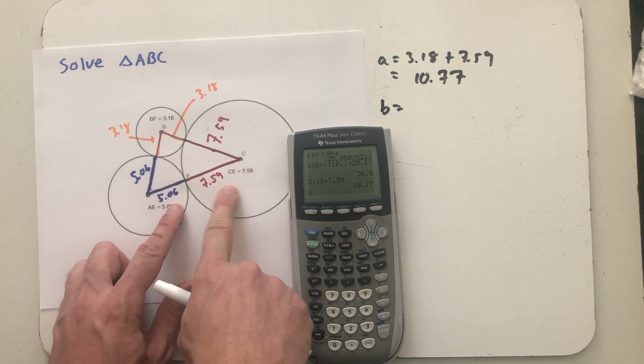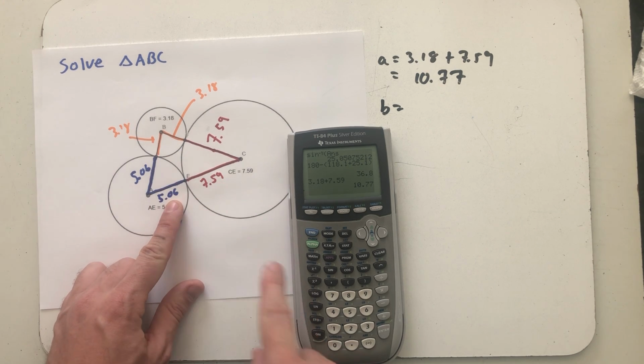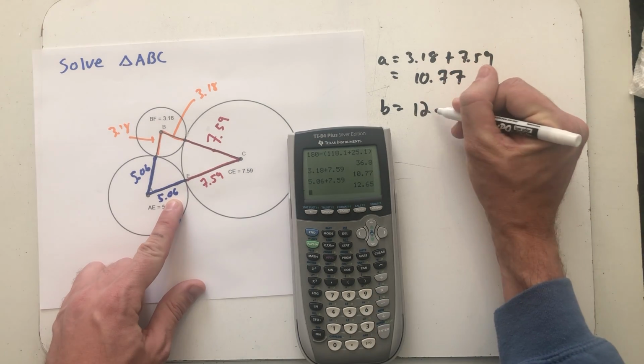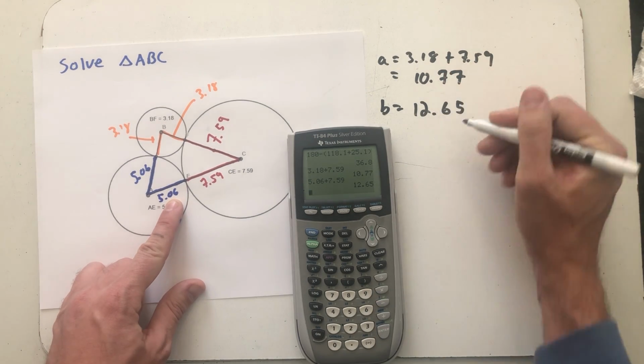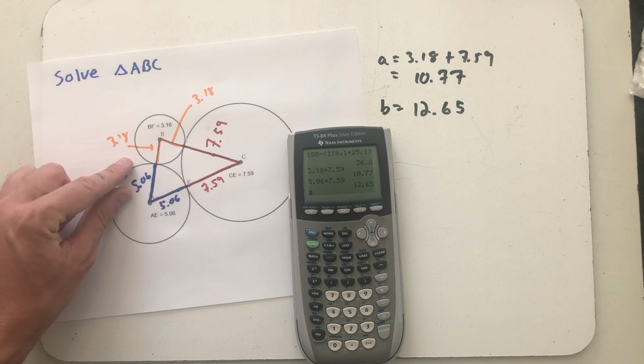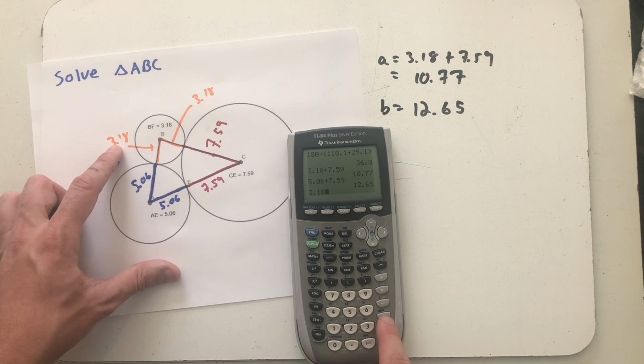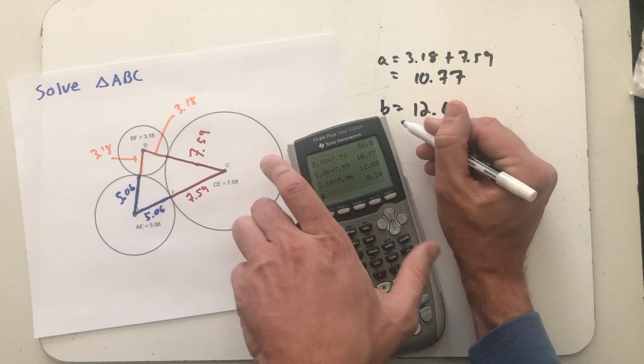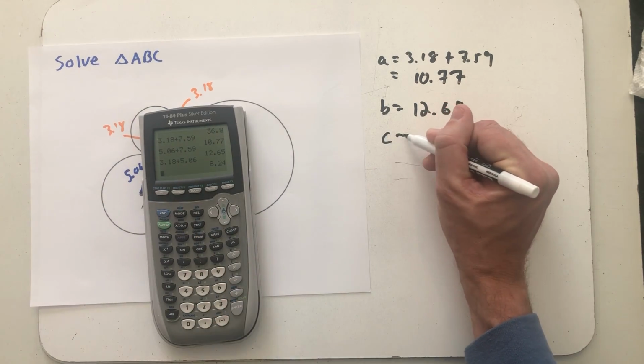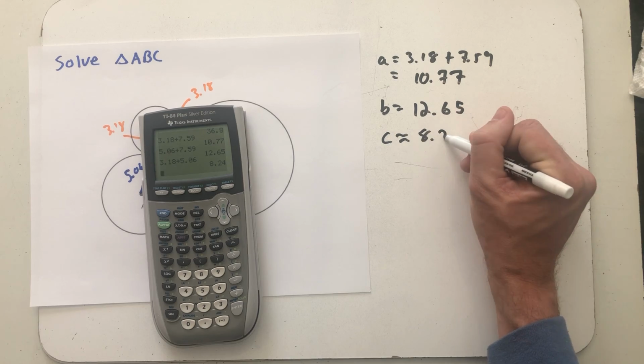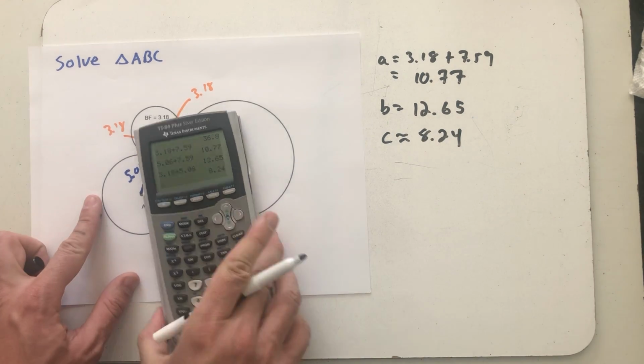Side B, across from vertex B, 5.06 plus 7.59. Side B is about 12.65 units long. And then finally, side C over here, I take the 3.18 and add the 5.06. And I find out that side C is about 8.24 units long.